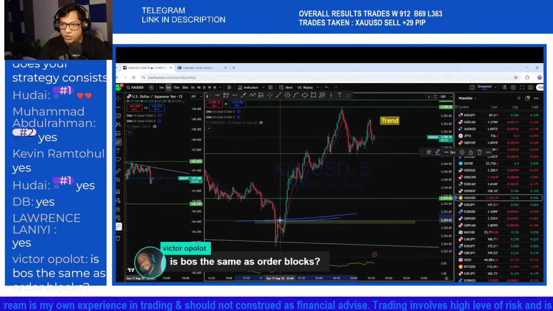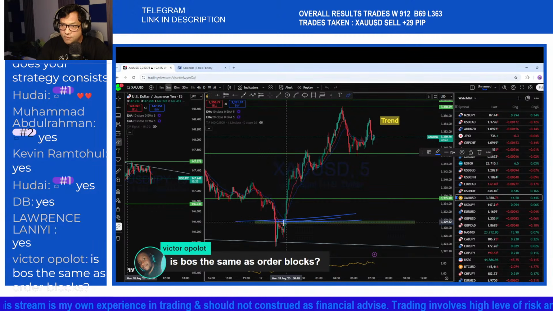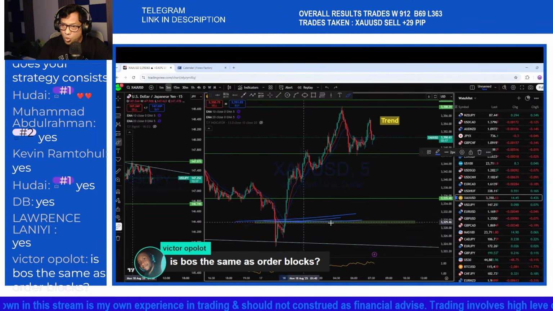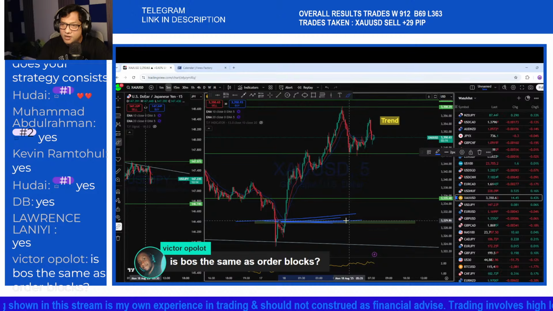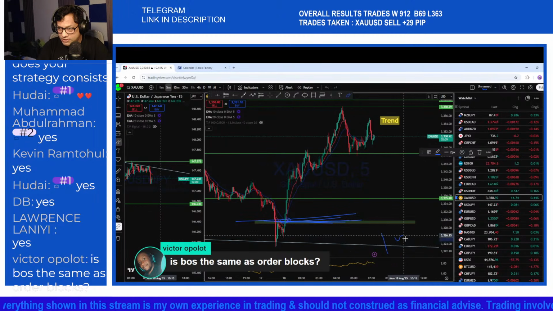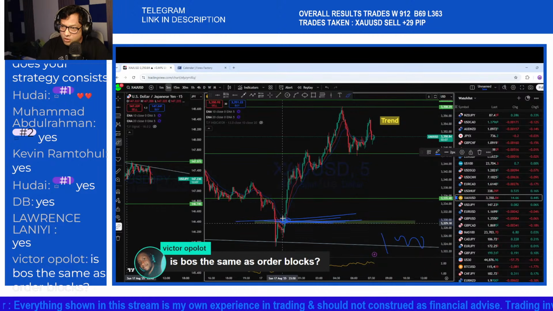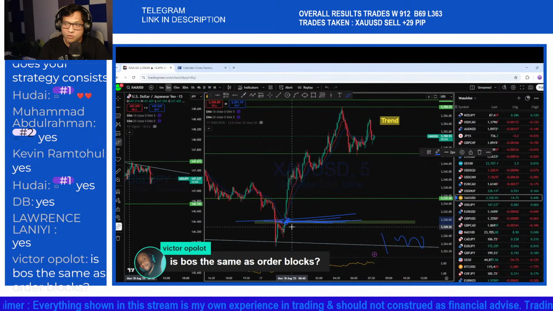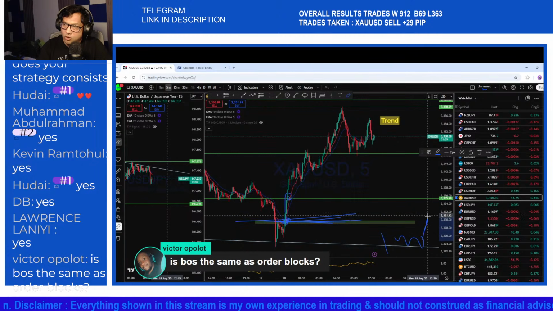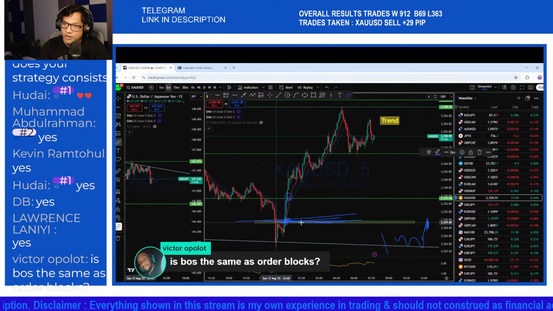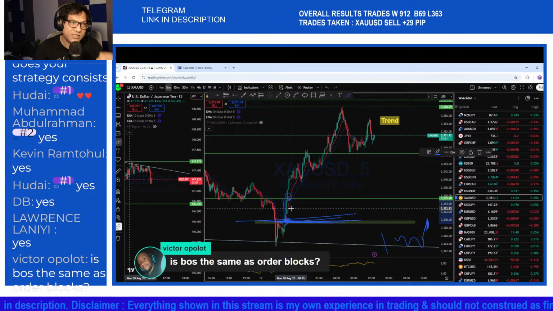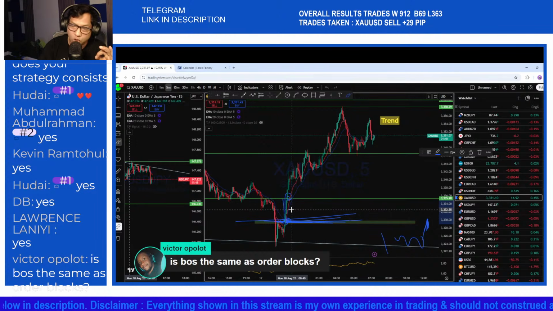If you want to buy 10 lot, you can do it here as a retail trader. But the smart money, whenever they place an order here, let's say they want to buy 1000 lot as an example. Once they have bought 100 or 200 or 300, as an example, the price has gone up. And for the rest of the 200 lot or 500 lot, there is no more here. The price already moved there because the order didn't fill. The price has gone up because of the already placed order.